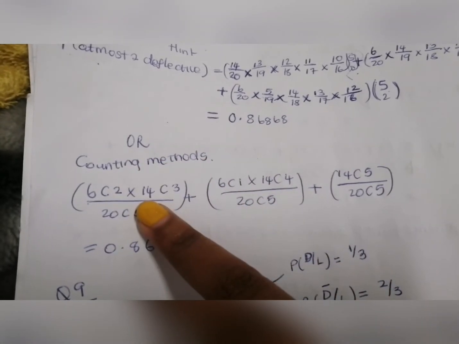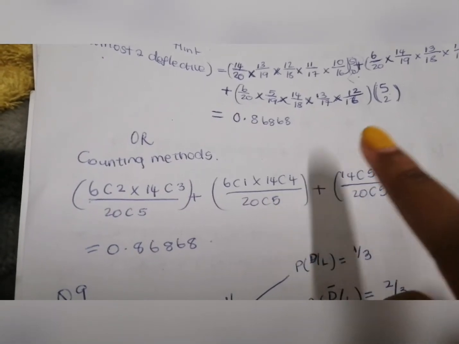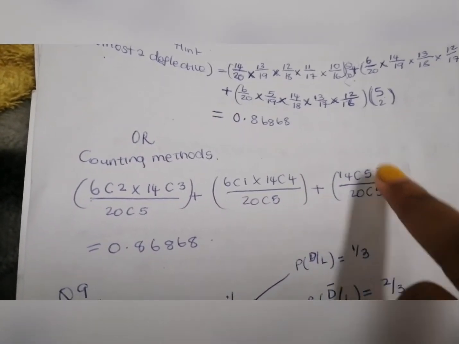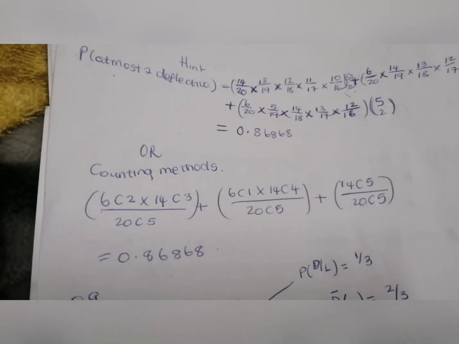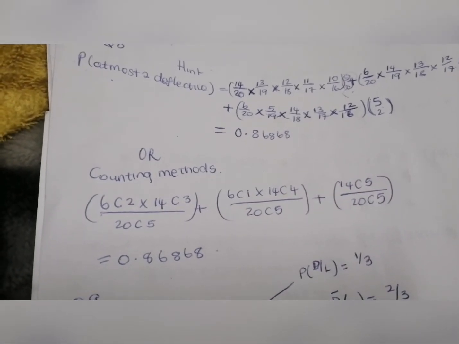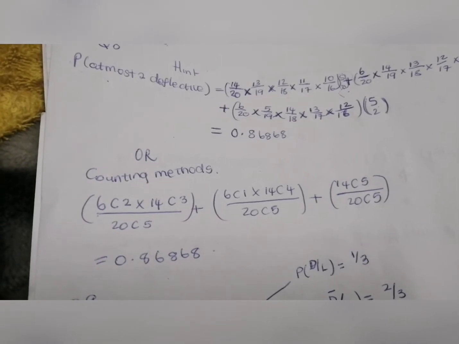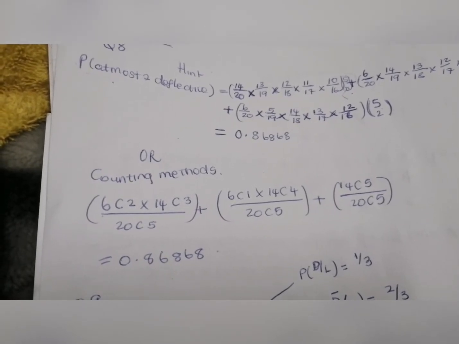And this is the case where we have 2, where we have 1, then when we have 0 defective, we get the same answers. So just use any method that works for you, right?